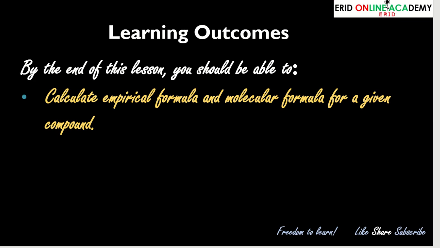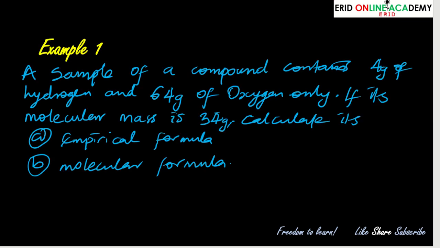So let's look at an example. In case you've forgotten what empirical formula and molecular formula are, or the difference between the two types of formula, refer to the video on lesson 3 so that you can do a quick job of recalling.